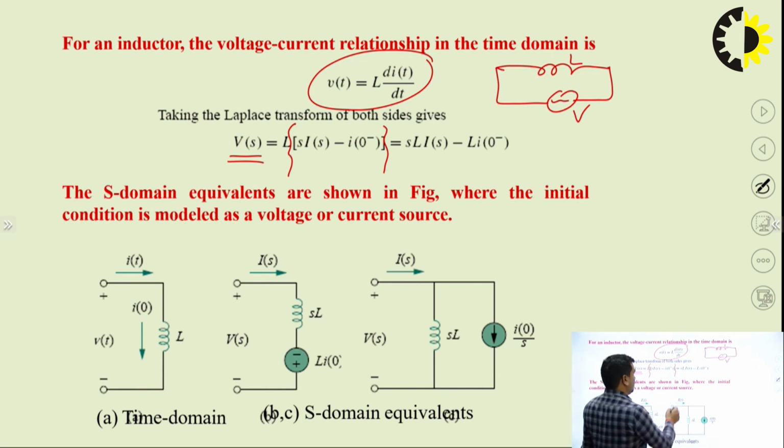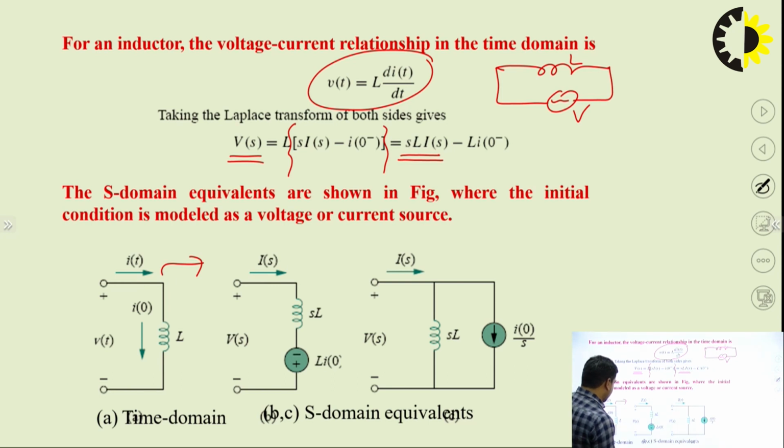Multiplying by L, we get sL I(s) minus L i(0-). So this is your time domain circuit, and we are converting it to the S domain circuit.